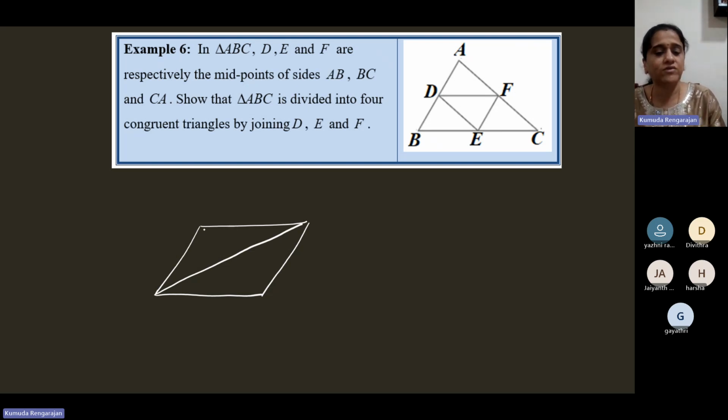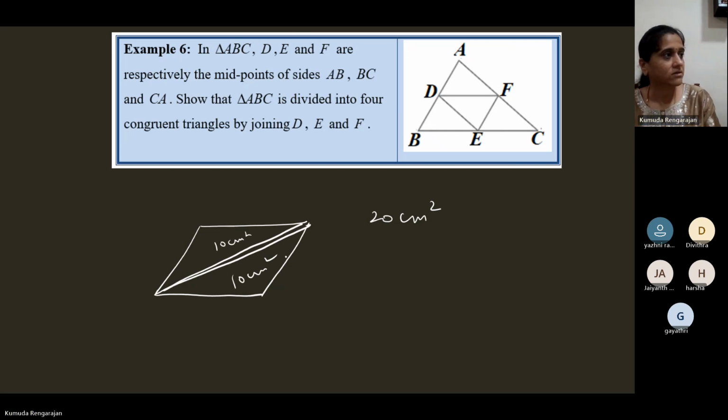So if the area of the parallelogram is say 20 centimeters square, then it will be 10 centimeters square here, 10 centimeters square here, because they're identical triangles. Identical triangles will have the same area. And congruent triangles are equal in area.